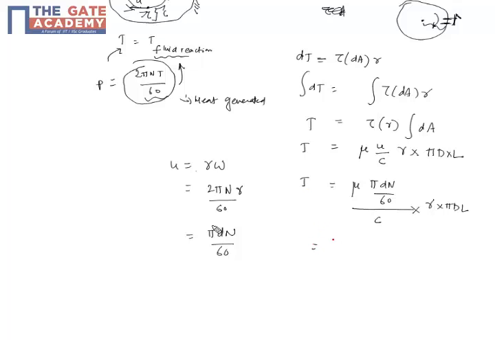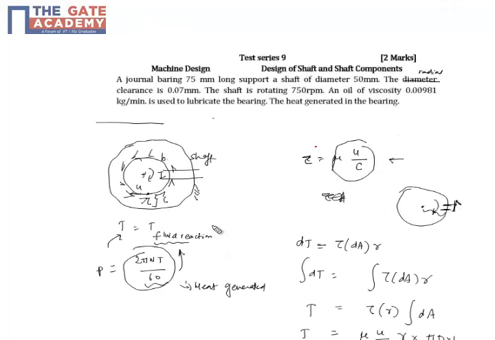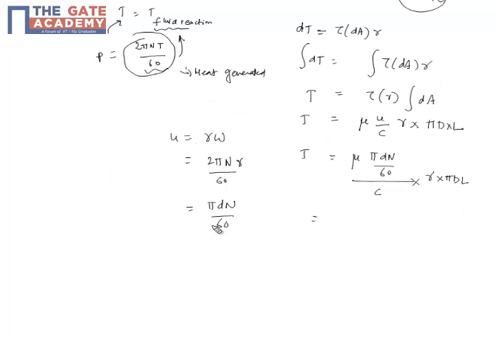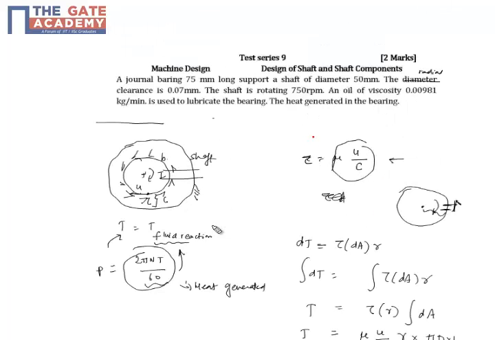Let's first substitute the values. We'll substitute everything in Newton meter. Mu is given as 0.00981, into pi. Diameter is 50 mm, so 0.05 m, and 75 mm is the length.